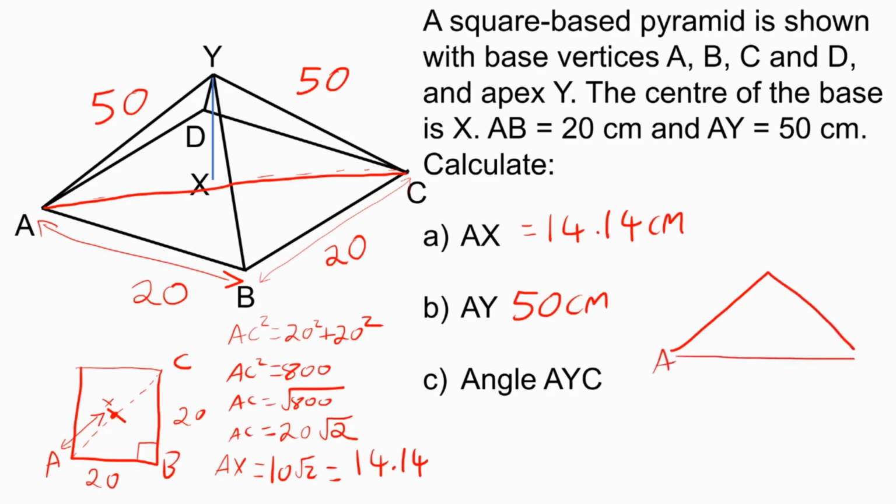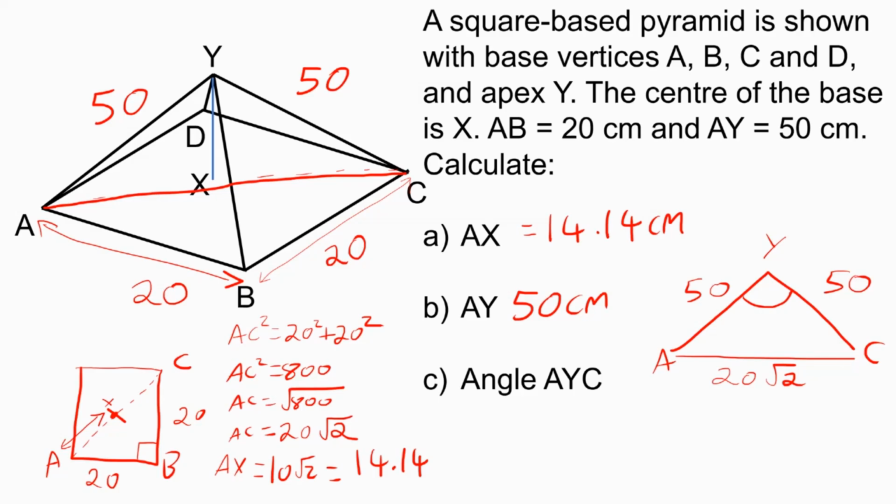So if we could draw a triangle like this, AYC. We know this is 50, we know this is 50, and we know AC is 20 root 2. I'm going to leave it in surd form. So now we have a triangle with all three sides, and we want angle AYC, so we could use the cosine rule.